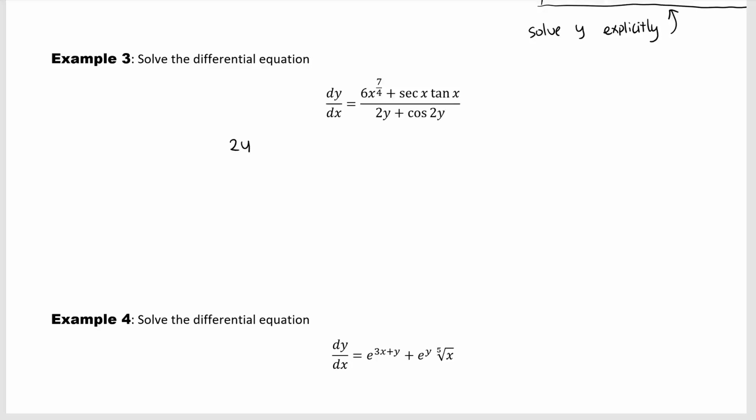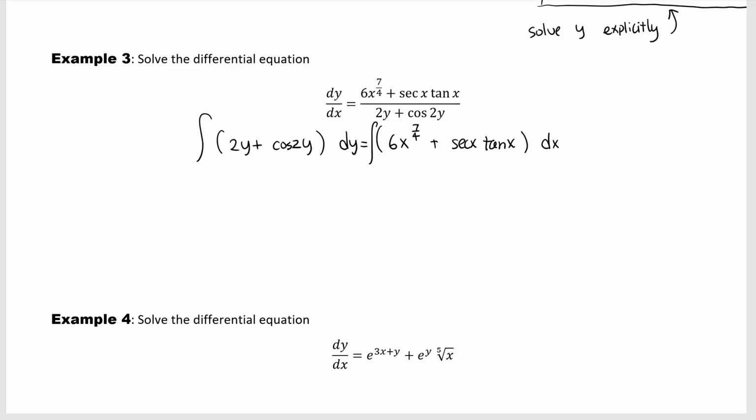We get 2y plus cosine 2y times dy, and the right hand side is 6 x to the 7/4 plus secant x tangent x. To get rid of the dx, we multiply by dx on both sides. Now we have moved all the y to the left hand side and all the x to the right hand side. Then we're ready to integrate.